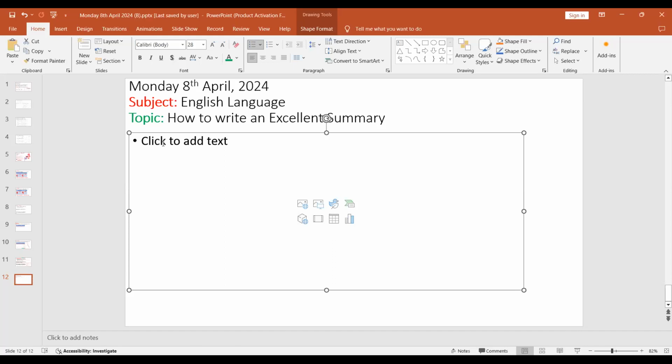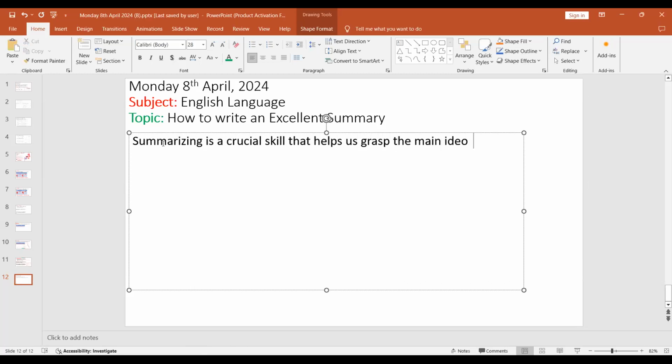So we're gonna learn how to summarize, okay? So let's write down these notes. Summarizing is a crucial skill, and when we say crucial, crucial just means important, that helps the audience and even us, right? Helps us grasp the main ideas. So when we're talking about a summary, you want to focus on the main concepts, the main ideas.